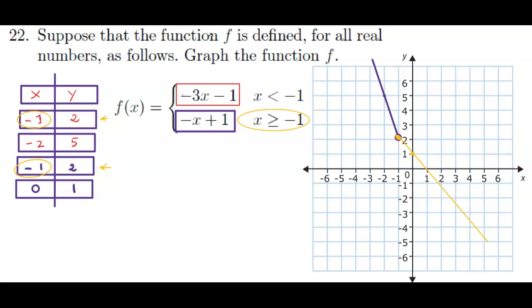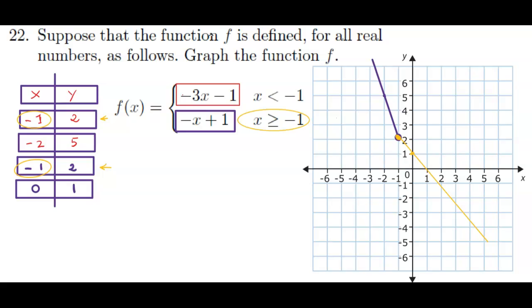One is not shaded, the other is shaded, and that's fine. It's still a function. They cannot both be shaded, but one of them has to be shaded and the other not shaded. So this is basically the graph you're looking for.